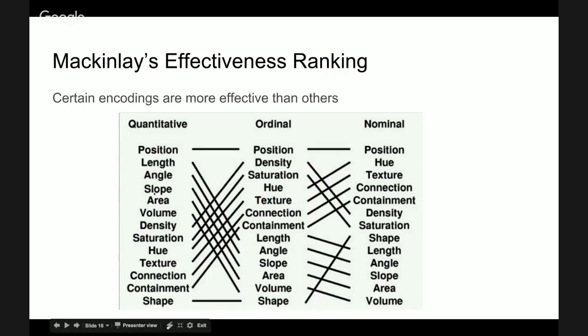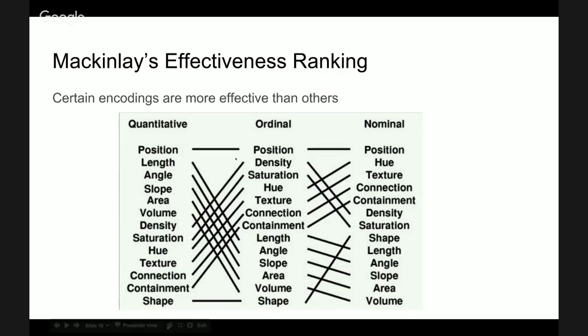For all of them, the most important thing here is the first row: position is the most effective encoding. You have two position encoding channels, usually X and Y. We usually do not work in 3D, so only X and Y. So if you only want to show two variables, always use the position channels. Don't use color or length or all of these other encodings.